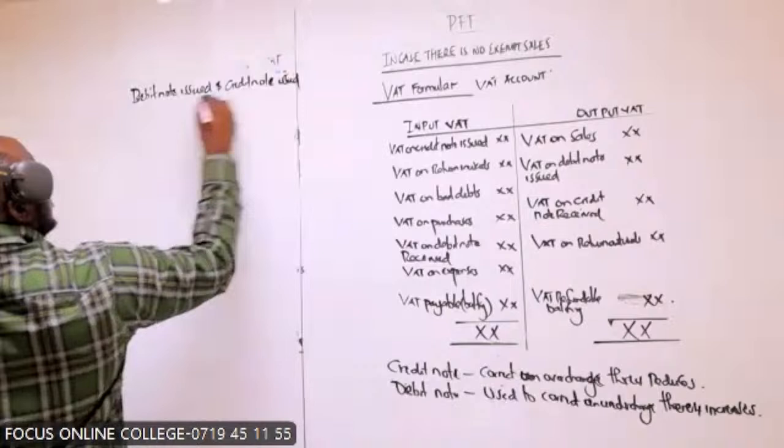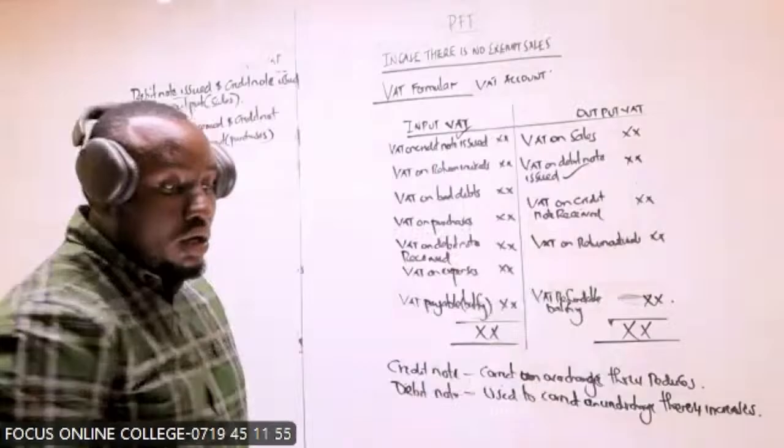Instead of having it as a minus here, we put this side as a positive. Suppose we would have used the credit note issued, it would have been a minus. But I put it on the side of input. If I put it on the input, it becomes positive. That's okay, but you can use it here as a minus. Understood? Please press yes if we are together.